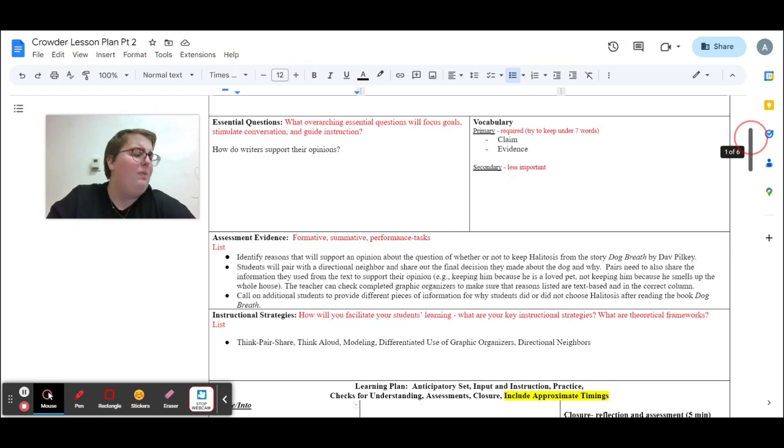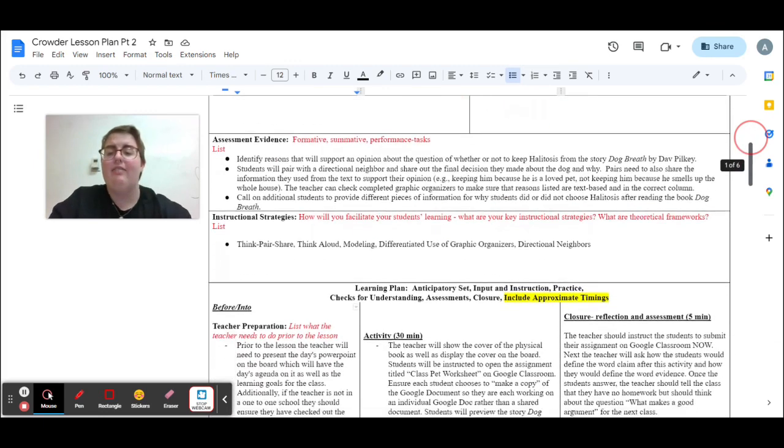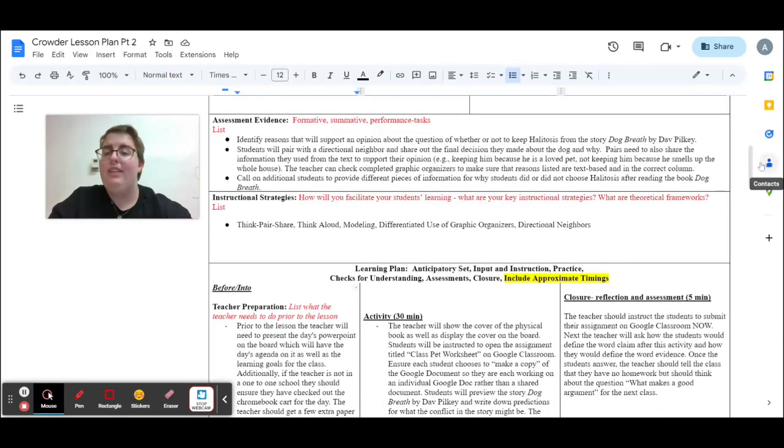And then we'll talk about formative, summative, performance task assessment. So formative is represented a lot in this lesson.